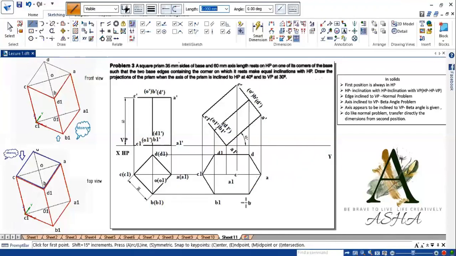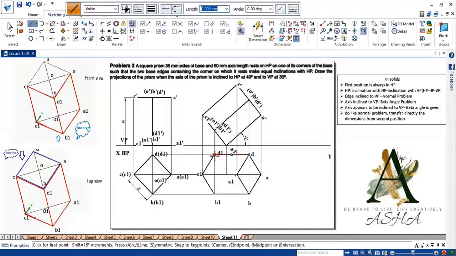Then, for the top view, the observer will be at the top. The base near to the observer is A, B, C, D. So make that base as visible. Then after following these two steps, one of the points is not connected to any of the points. So that is the point A1, or the point nearest or on the XY line.